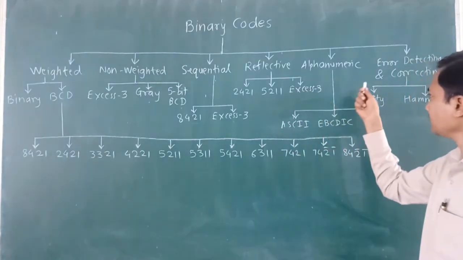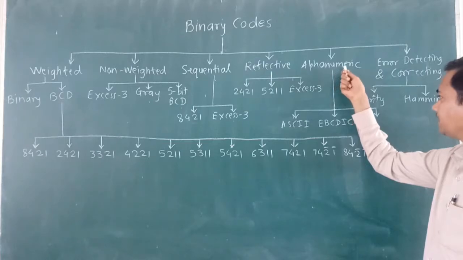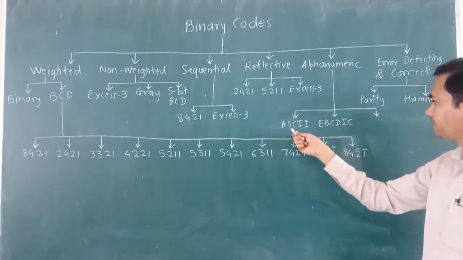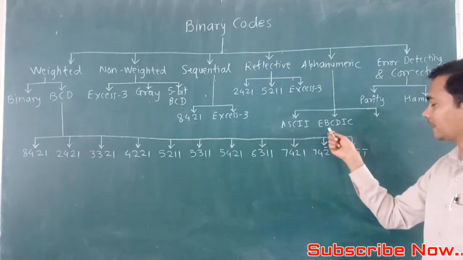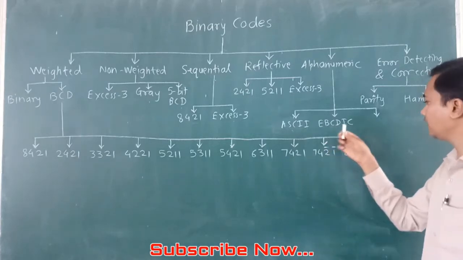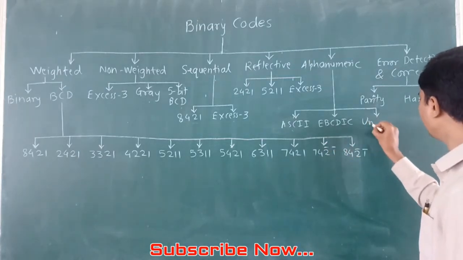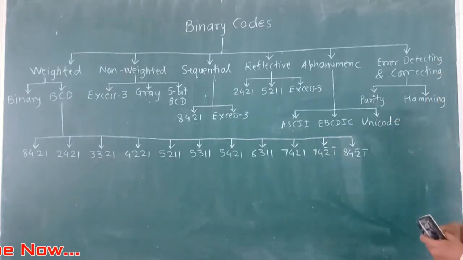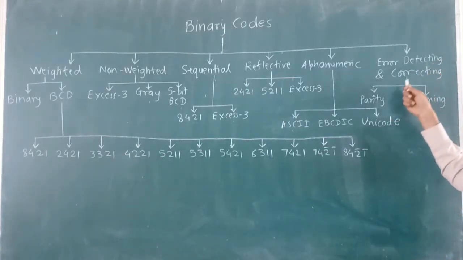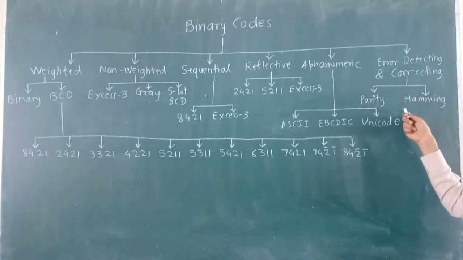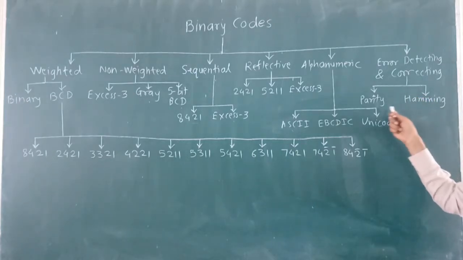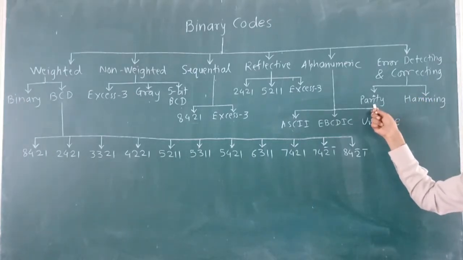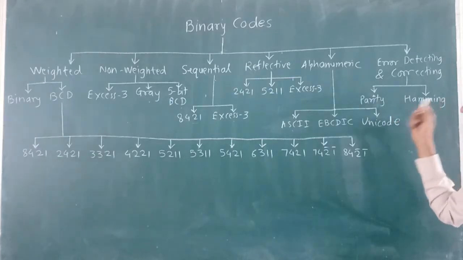Next, alphanumeric code has three subtypes. The first type is ASCII code, the second type is EBCDIC code, and the third type is Unicode. Next is error detecting and correcting code. This has two subtypes: the first is parity and the second is Hamming code.